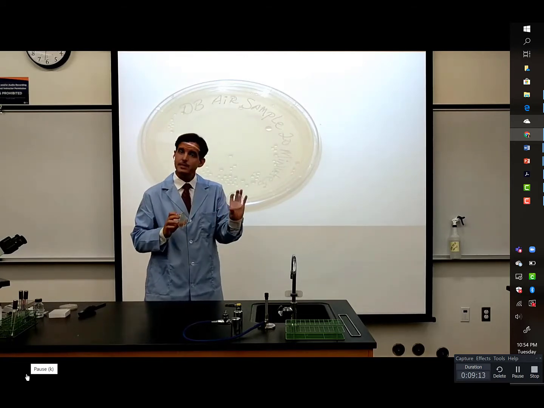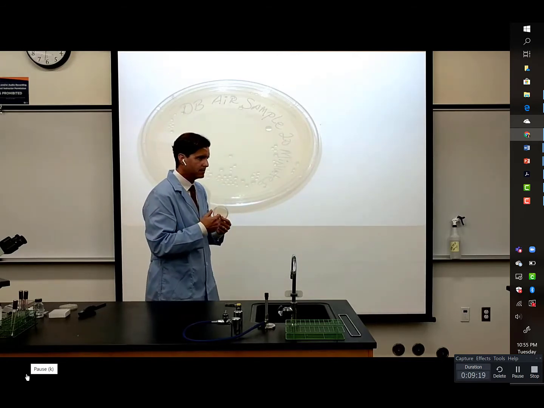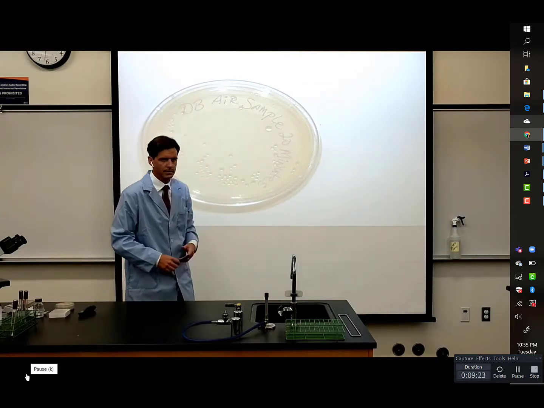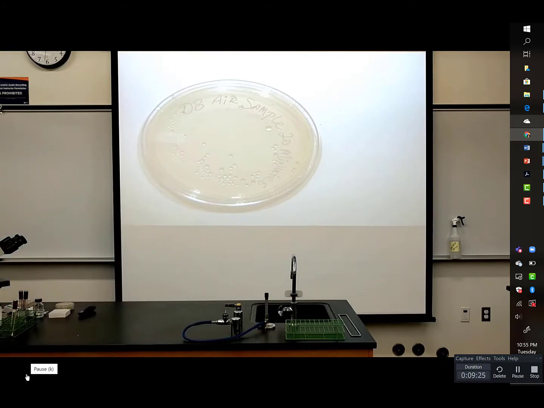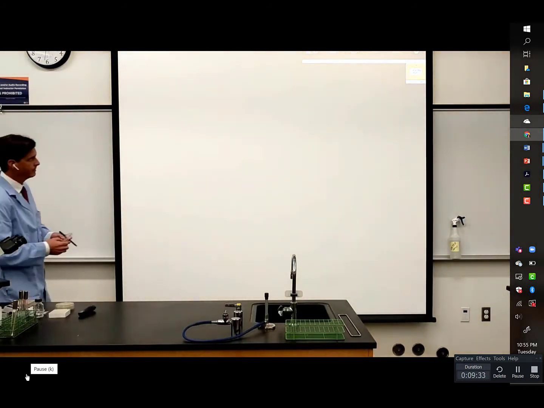The empty lid is less concerning. You can label both sides if you like, but at a minimum, we always label on the bottom because of this fact. That's one of the safety concerns that goes into this. Okay, so now you've seen this a little more close up, and we'll go back to our instructions.